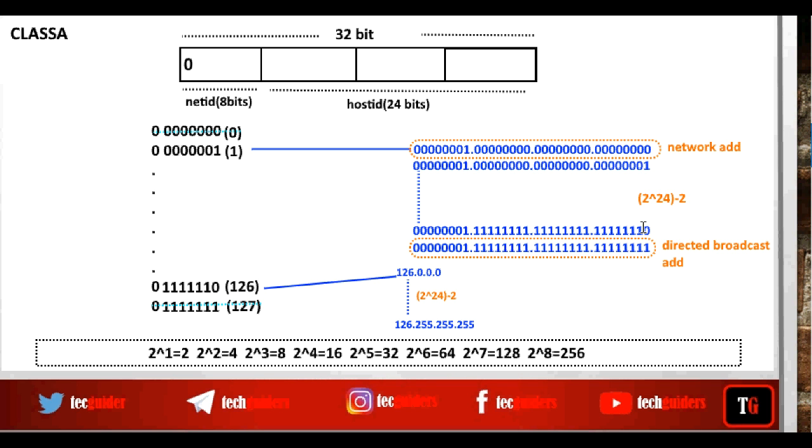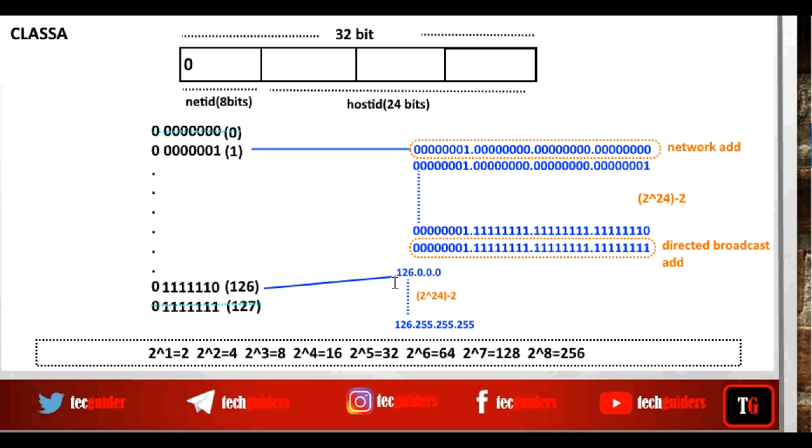And what is the directed broadcast address? Suppose one host within this network needs to communicate with all the hosts within this network. Then it should use the directed broadcast address of this network.